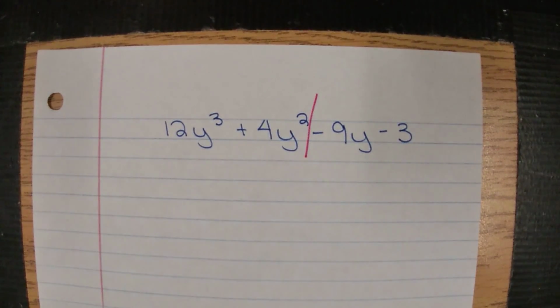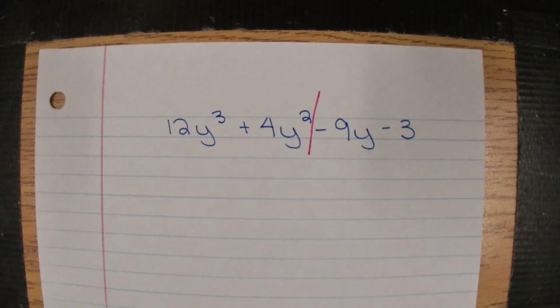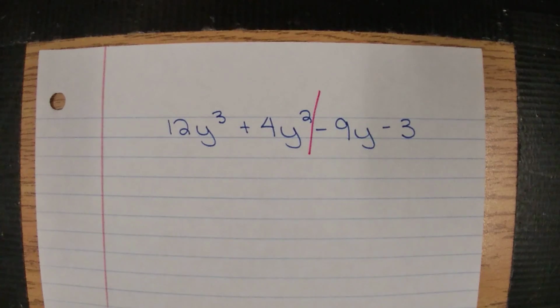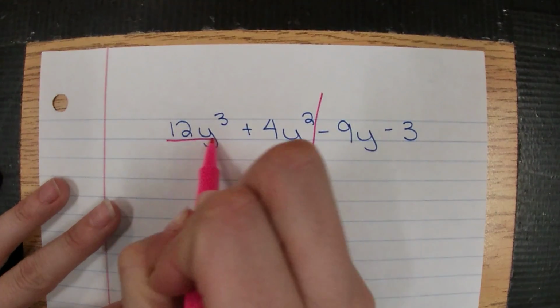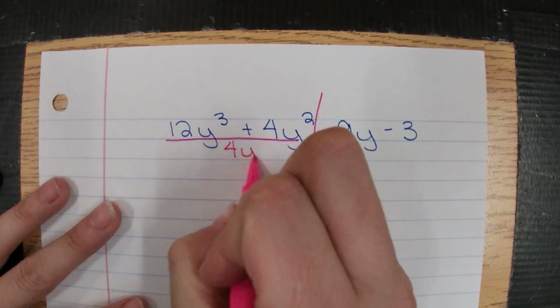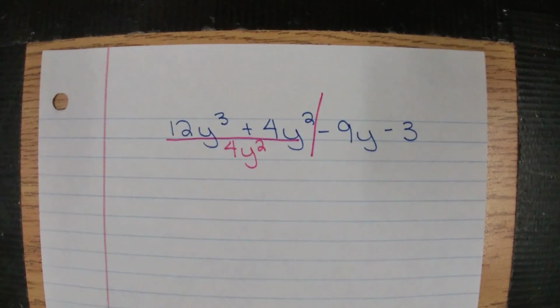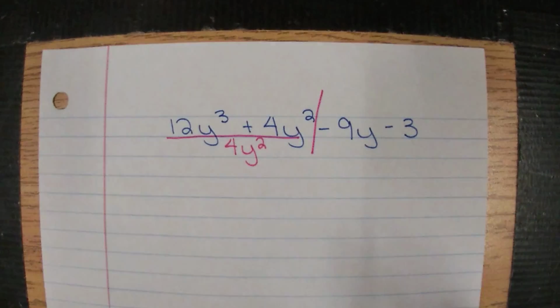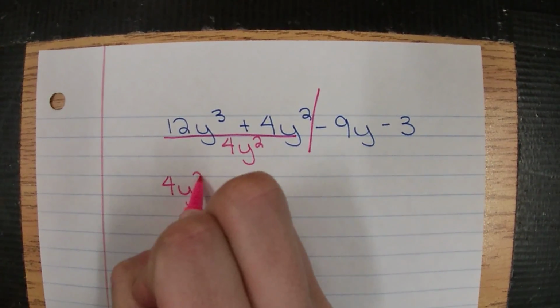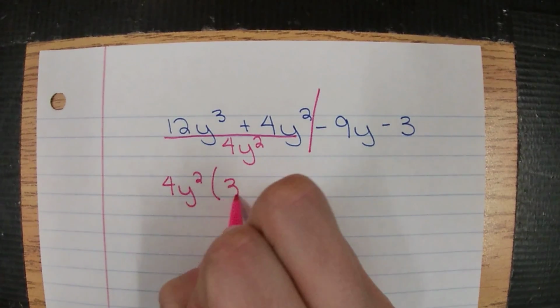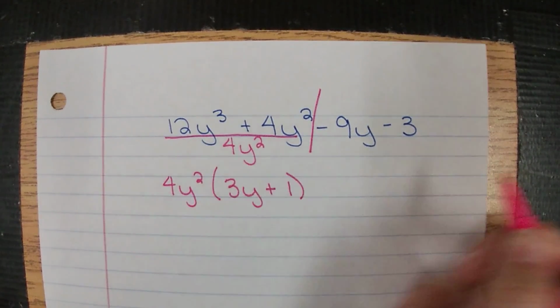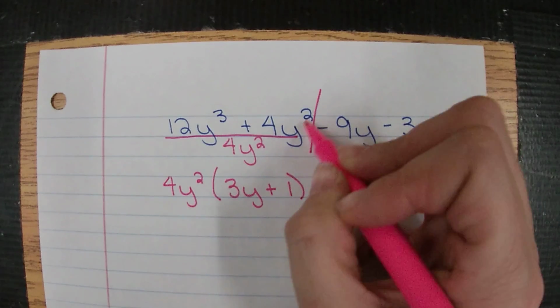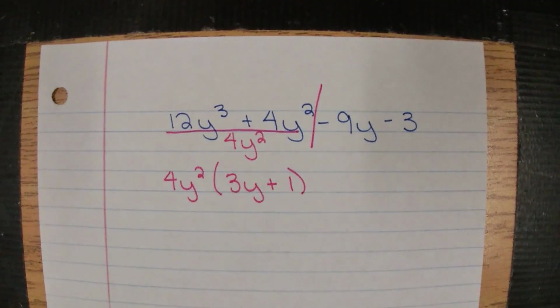On the left-hand side, we want something that will go into 12y to the third and 4y squared. What will our GCF be? We should pull out a 4y squared because 4 will go into 12 and 4, and the smaller exponent is 2, which will leave us with the 4y squared times 3y plus 1, right? 4 divided by 4 is 1, and the y's cancel out.